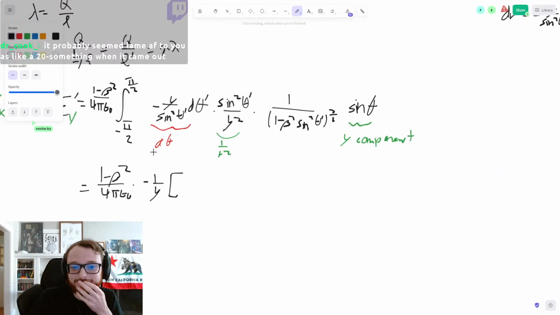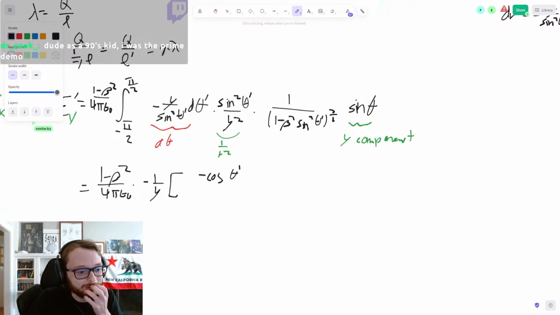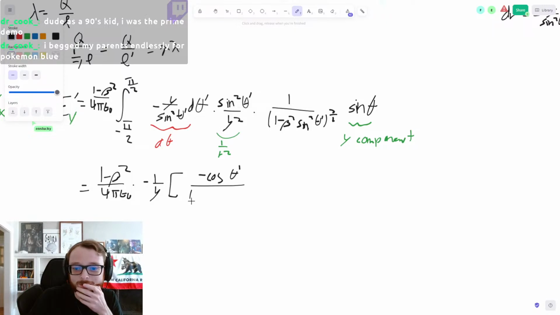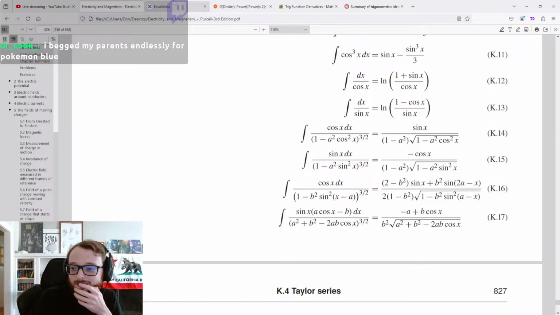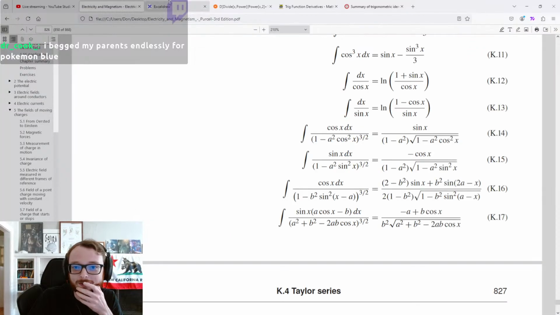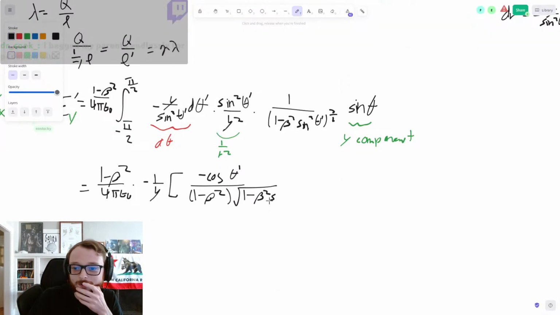So we get a minus cosine theta prime over, one over 1 minus beta squared root 1 minus beta squared sine squared. Okay, if I haven't made another flub on copying formulas.